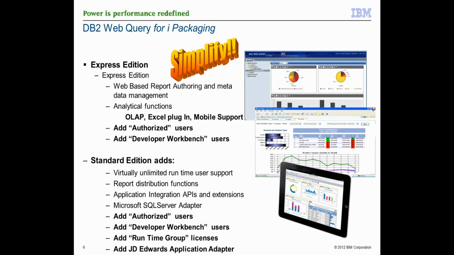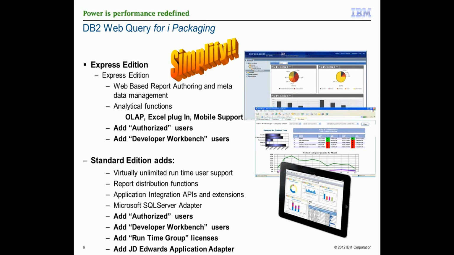So we have an Express edition, which is kind of a starter kit, if you will, and we've also got a standard edition. In Express edition, you get the authoring tools and metadata management. Built into this edition are also OLAP, our Excel plugin, and active reports. And you also have the ability to add additional users and developers, both named users and Developer Workbench users, as you see fit.